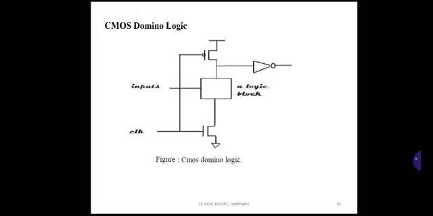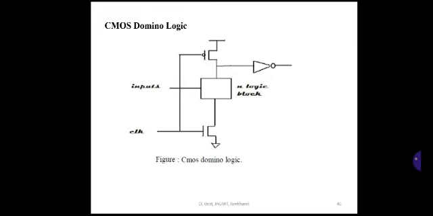Fourth one, CMOS domino logic. The block diagram of the CMOS domino logic is shown in the figure. As you can see, it is the same as what we discussed previously, that is dynamic CMOS logic, but a slight modification is done here.